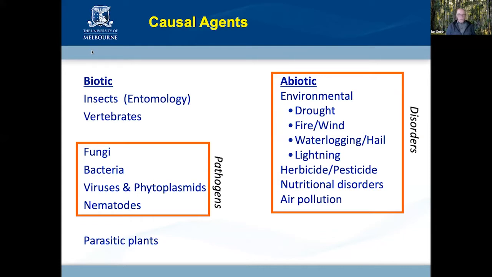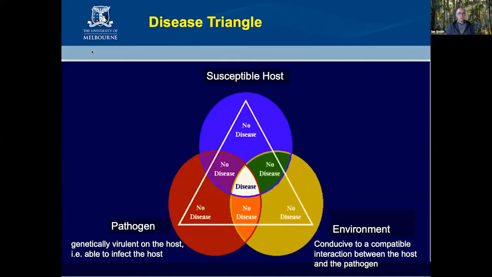But to describe how these things work together, we have a concept called the disease triangle, which describes the interaction of the main three factors that influence the development of disease. And we look at it like this.